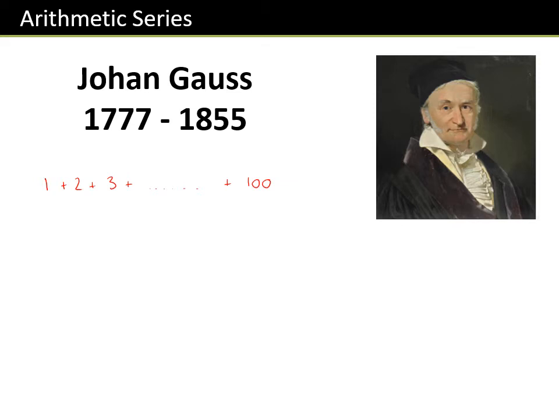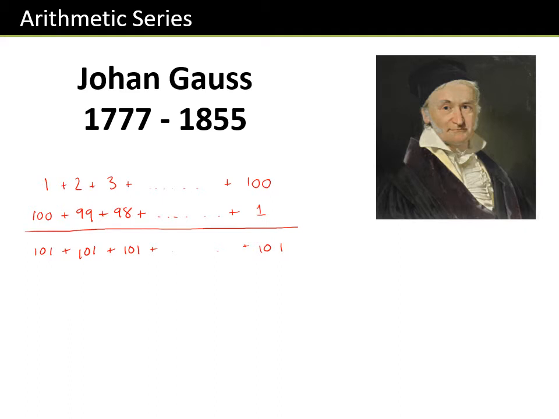We're going to write it out again here, but backwards: 100 plus 99 plus 98 plus all the way down to 1. Now, if we add these up, we can see that that pair adds up to 101. This pair adds up to 101, as does this pair, as does this final pair.